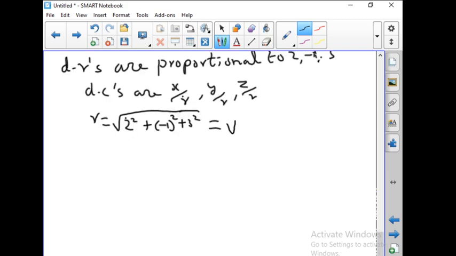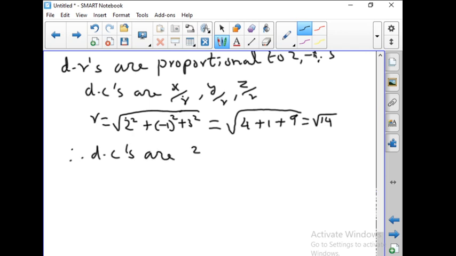So it is equal to root of 4 plus 1 plus 9, which is equal to root 14. So therefore direction cosines are 2 by root 14, minus 1 by root 14, 3 by root 14.